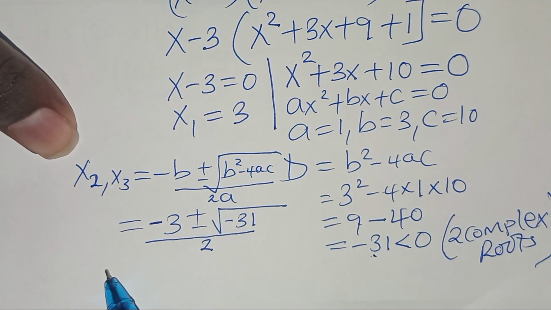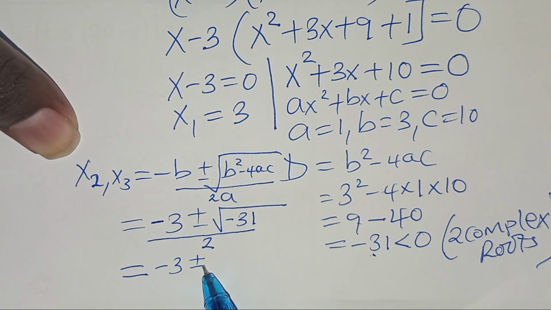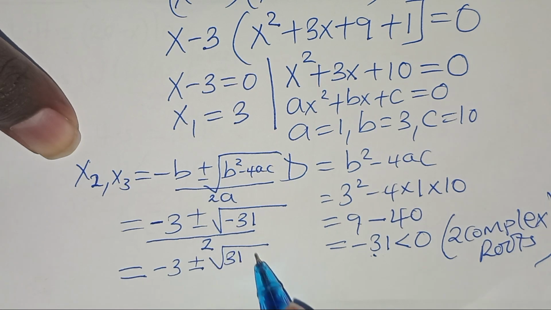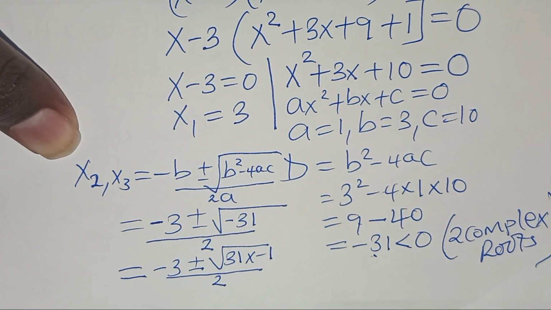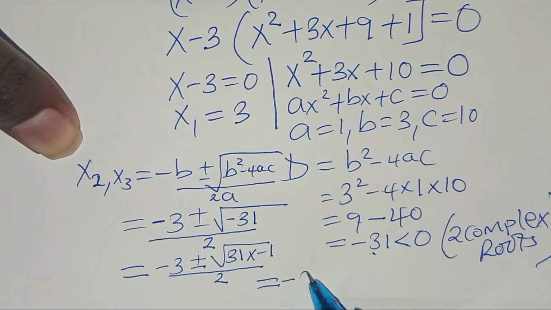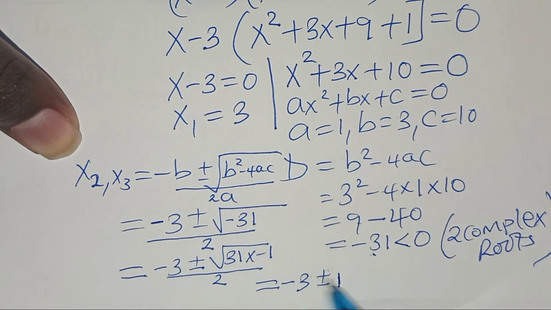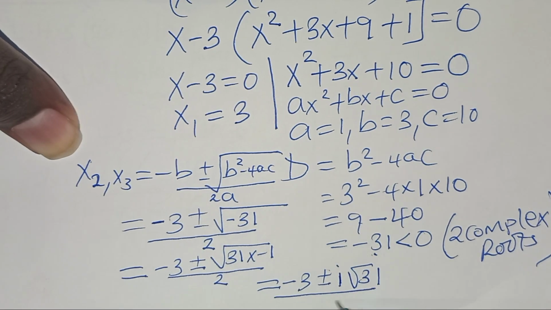Now we can express the square root of negative 31 as the square root of 31 times negative 1, and this gives us negative 3 plus or minus i, since the square root of negative 1 is i, times the square root of 31, all divided by 2.